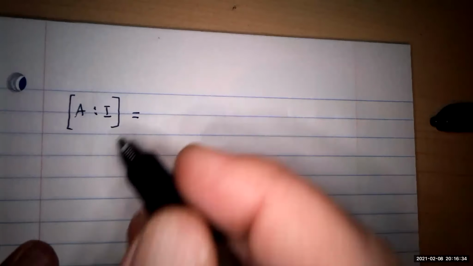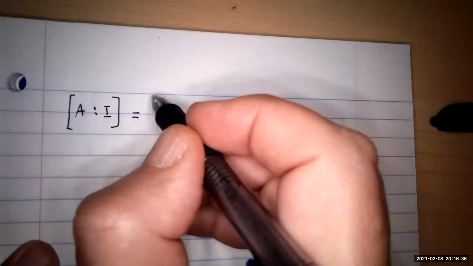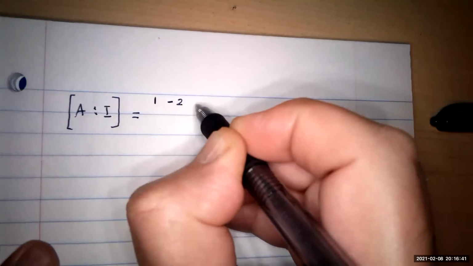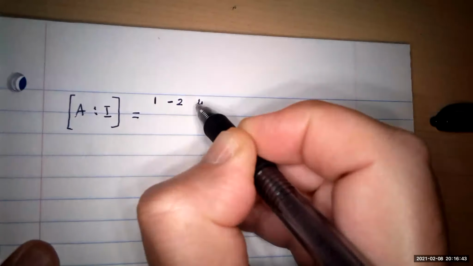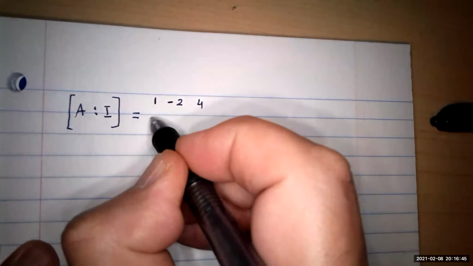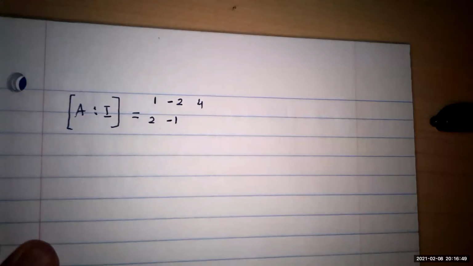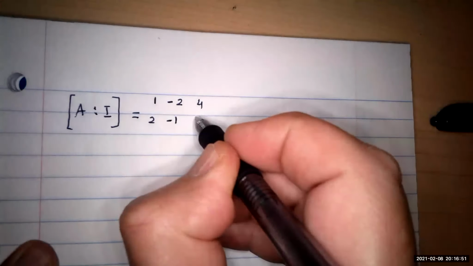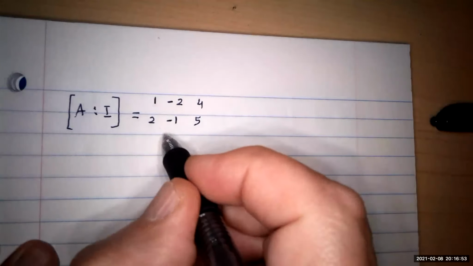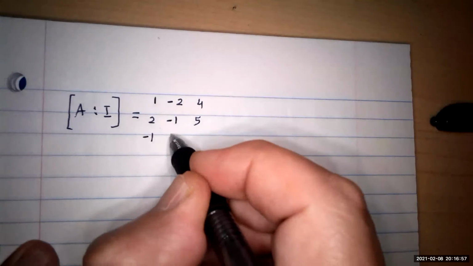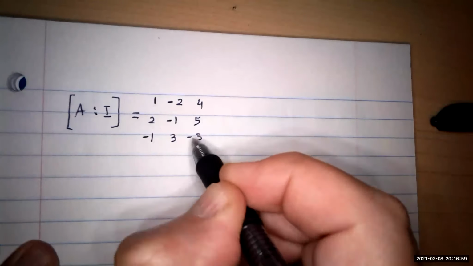This is going to be the matrix in question. You are going to go with A first. A is 1, -2, 4. Then you have 2, -1, and 5. And the third row was -1, 3, and -3.